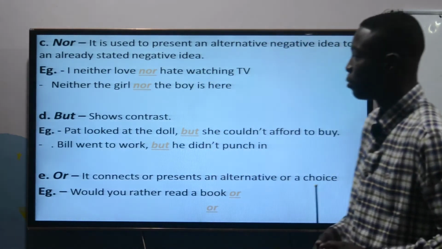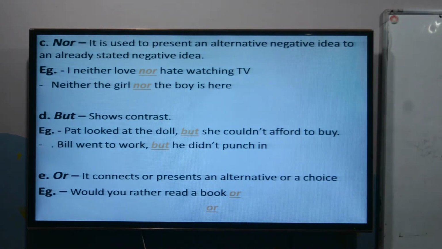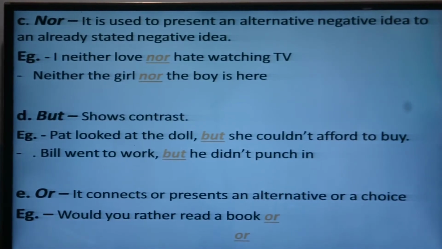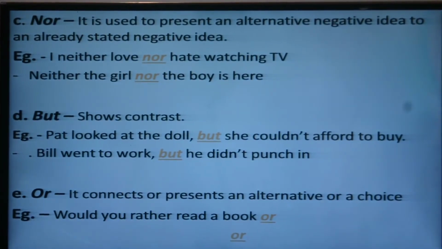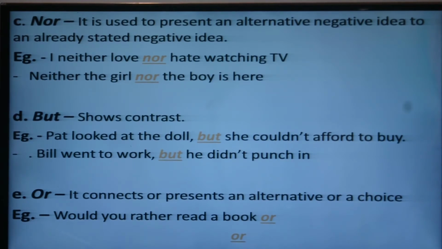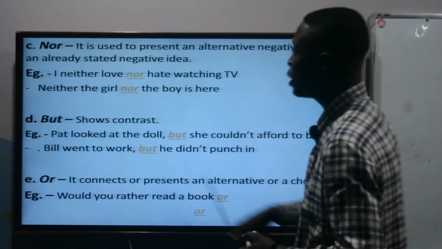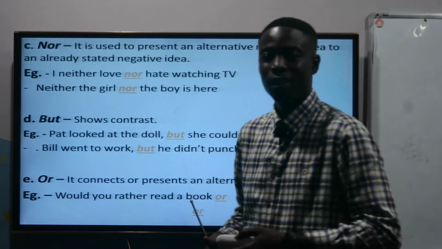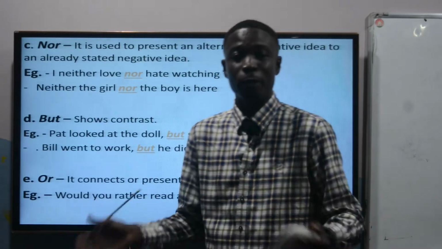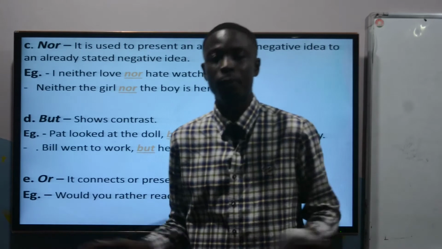Second example: neither the girl nor the boy is here. In this particular example, it means the girl is not there, the boy too is not there.